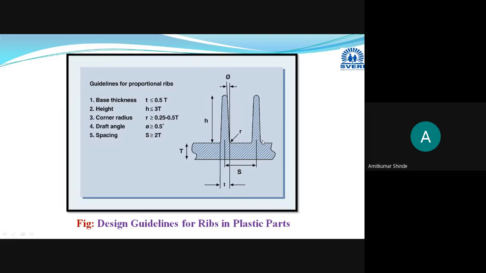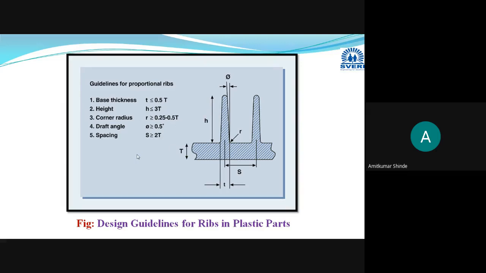Then whichever rib you are providing, you should provide a draft or a taper. If you are providing straight ribs, it will create some problem while you are ejecting the part from the mold cavity.